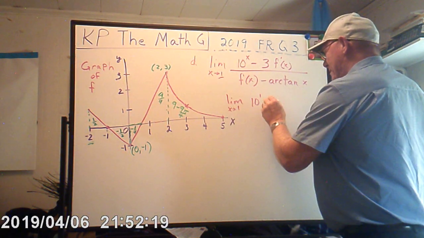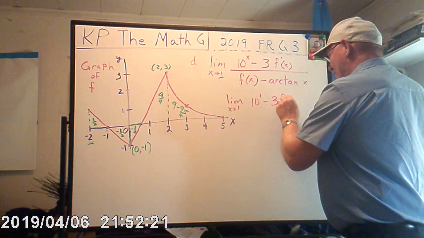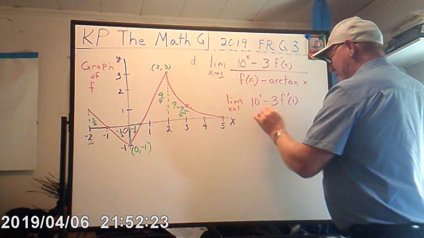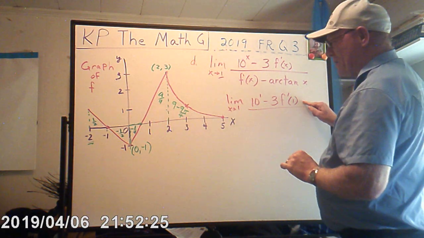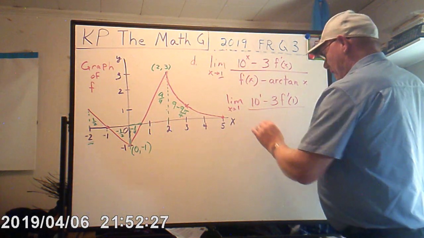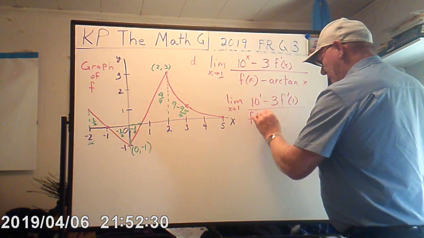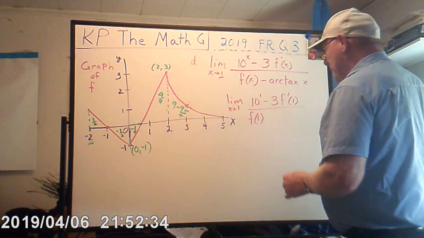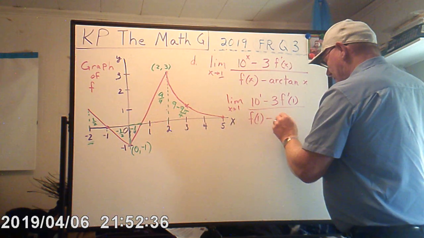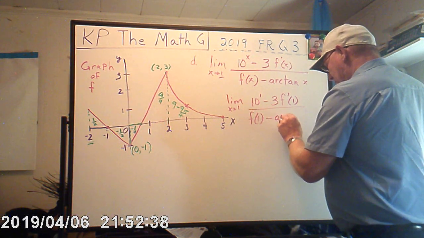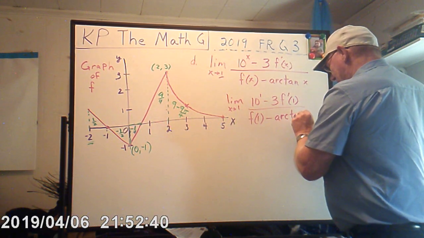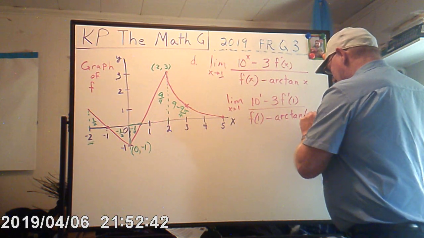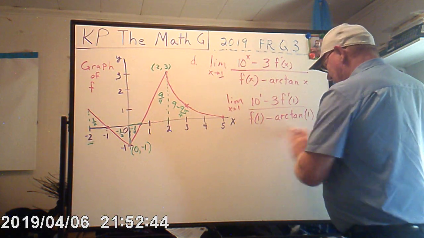That's just 10. Minus 3 F prime at 1. Now I've got to find what that slope is at 1. F at 1 is easy to do. Just look at 1 and find out what that is. And then minus arctan. Boy, they really want to make this look really hard.